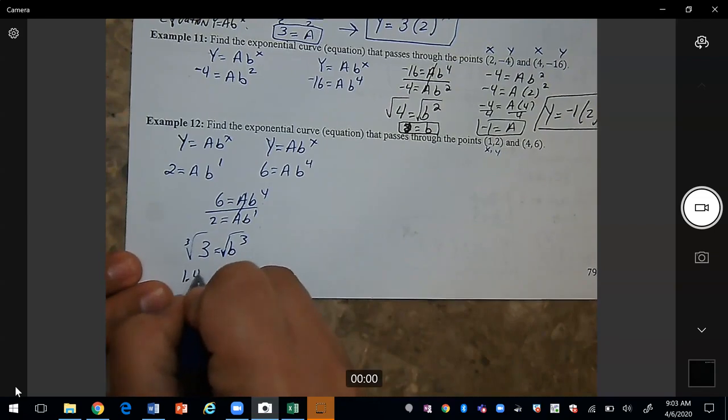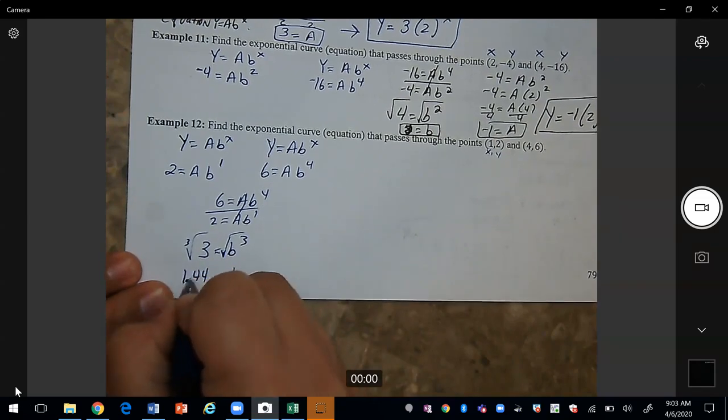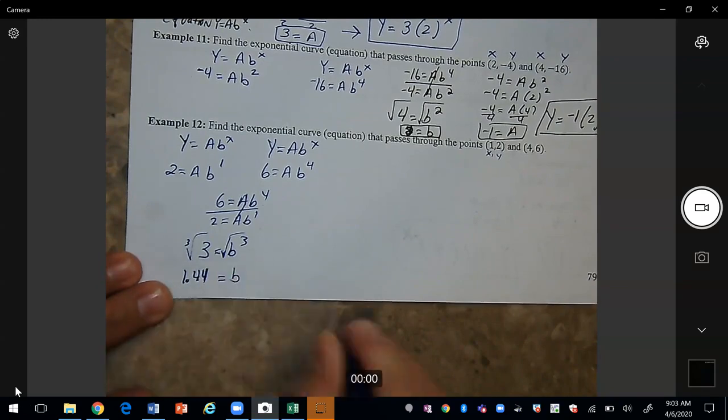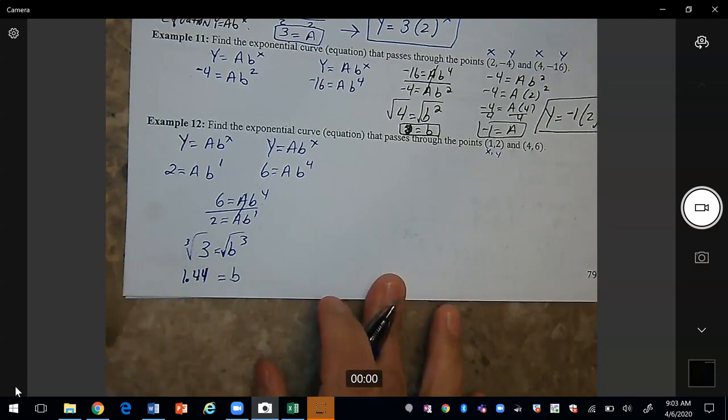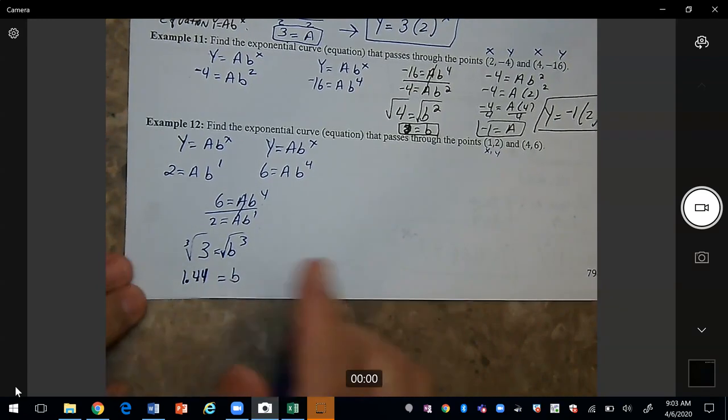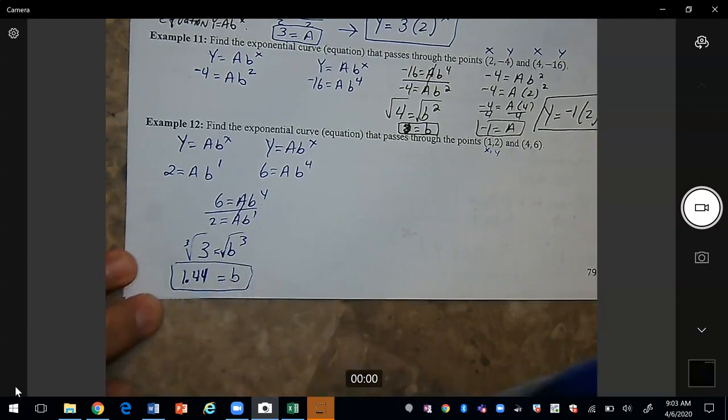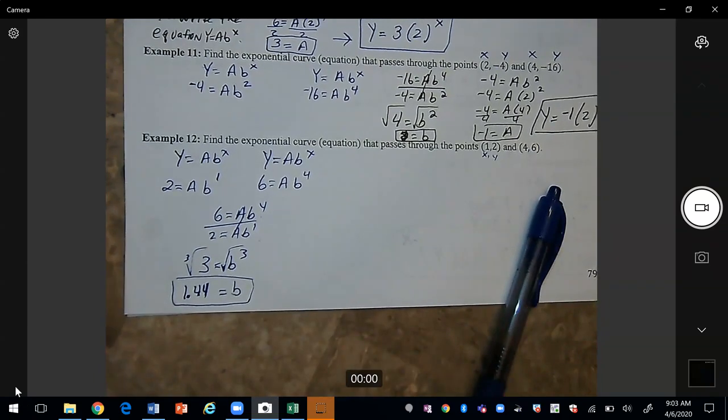So if you put this in your calculator, we would have 1.44. I'm going to just round to 2 decimals. If you enter it in your calculator, make sure that you're using parentheses.